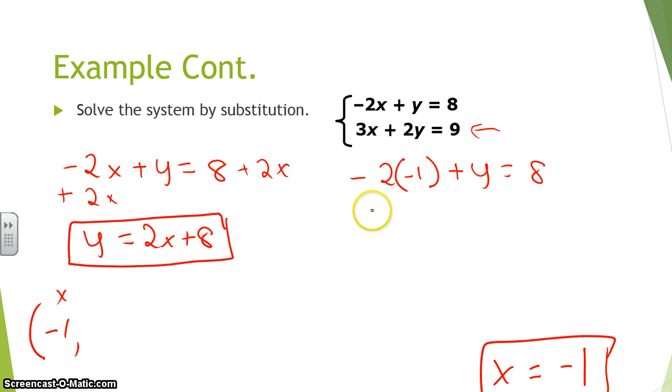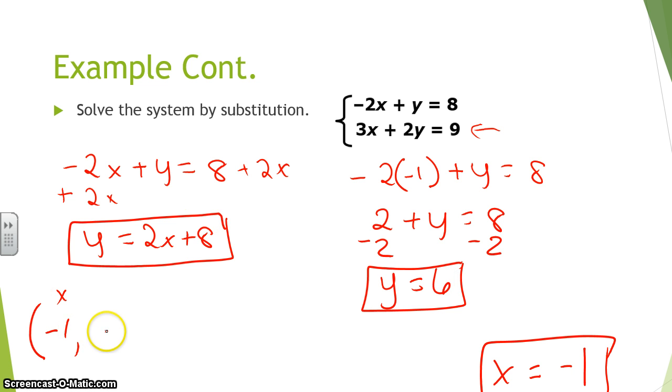Negative 2 times negative 1 is positive 2, plus y equals 8. Subtract 2 from each side. So y equals 8 minus 2, which is 6. So y equals 6, and my ordered pair is negative 1 comma 6.